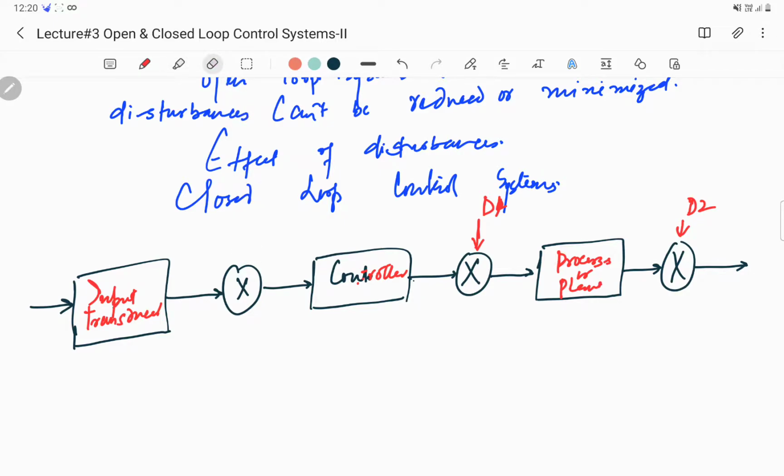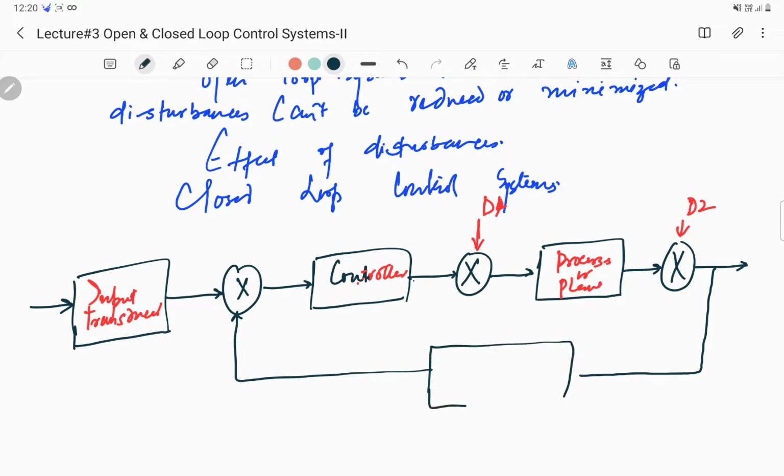Since it has to be a closed loop control system, there has to be a feedback from the output side to the input side. So this is the feedback loop, as we have already discussed in the previous lecture. This is a transducer, but this time it's an output transducer connected on the output side.